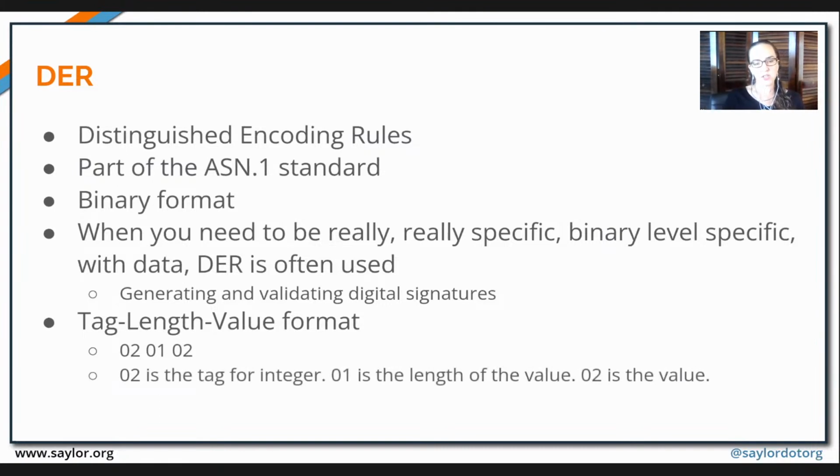So here's an example of some DER encoded data. 02 is the tag for integer, 01 is the length of the value, and 02 is the value. So that's basically the DER way to communicate the number 2. When you actually look at DER data, you can pull up all the different tags and go through it and see where the tags are and what's going on. That can be fun if you're a big data nerd.